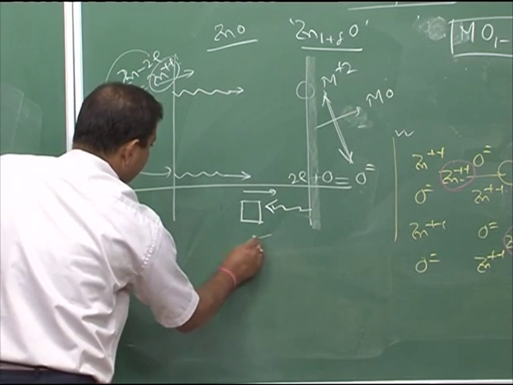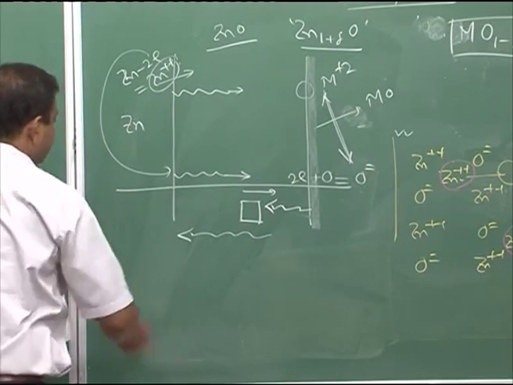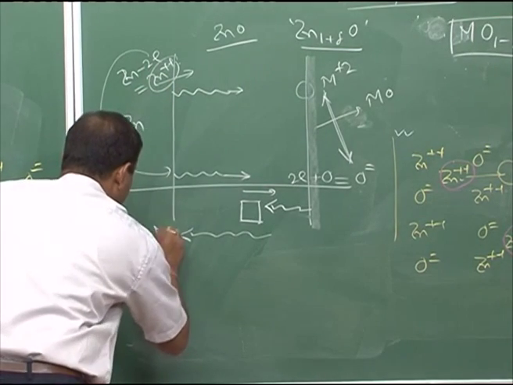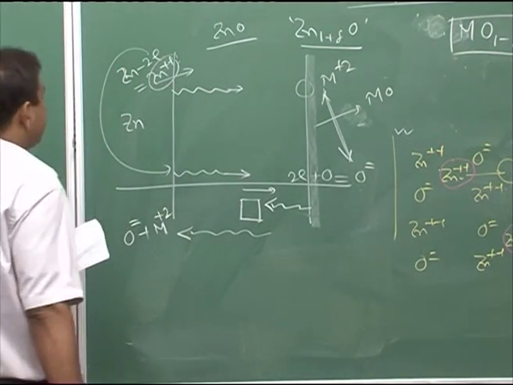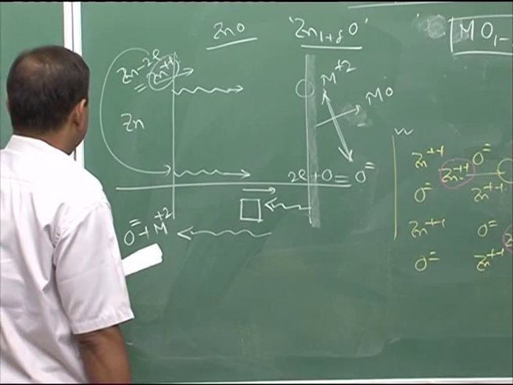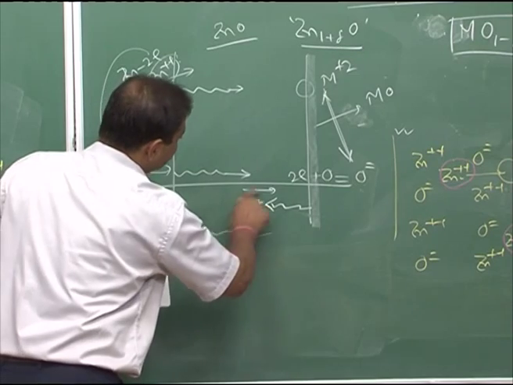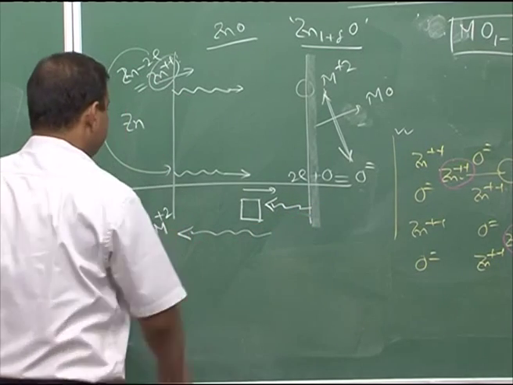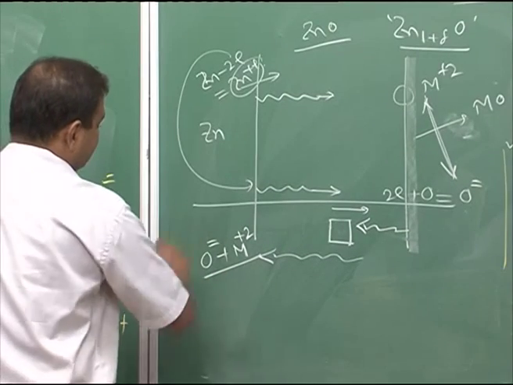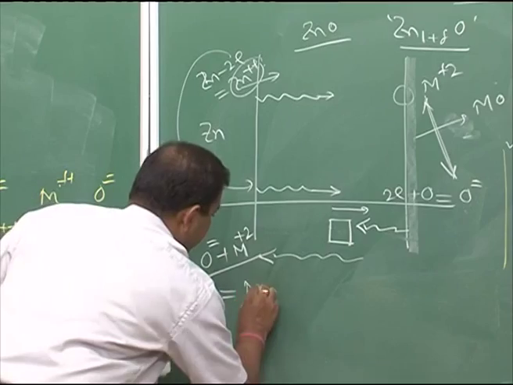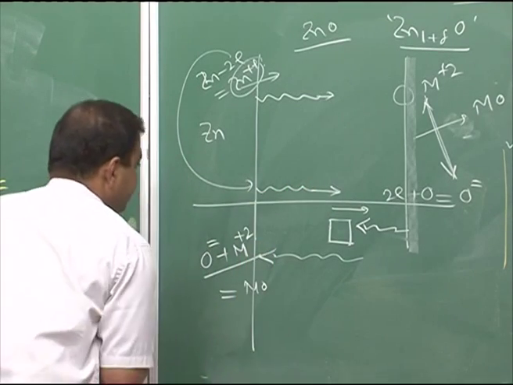So, oxygen anion will come to this surface, but the rest of the thing would be the same, and here oxygen anion will react with the 2 plus cation, because there is no cation interstitial, only the anion vacancy. So, the anion vacancy will move to this side and the anion will move to this surface. Here the reaction would happen, that means cation and anion will react and form MO. So, in the second case, the oxidation growth will take place on this surface.